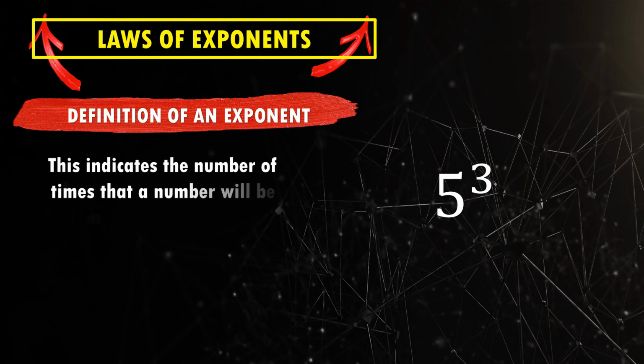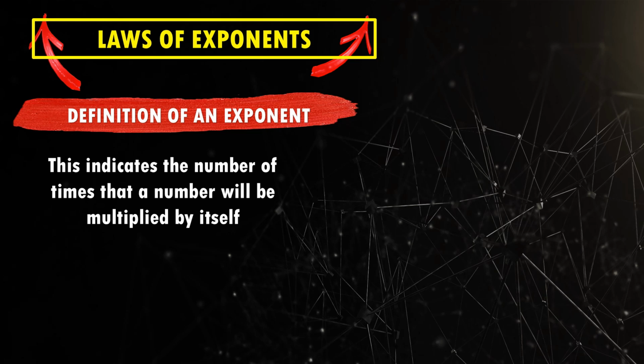So this indicates the number of times that a number will be multiplied by itself. So magiging 5 times 5 times 5. So yung exponent daw, siya yung nagre-represent kung ilang beses nating uulitin or multiplied yung base.